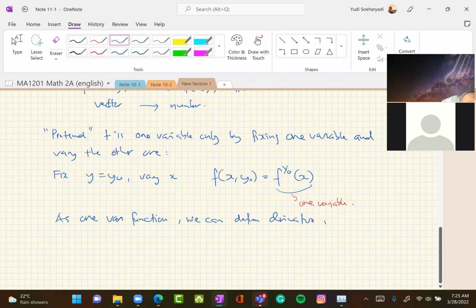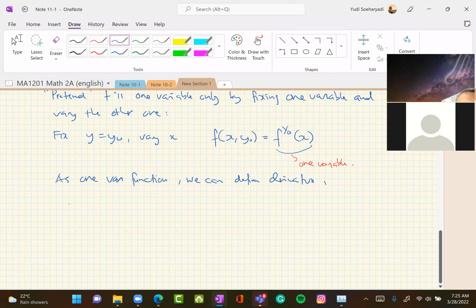So what's the derivative? Because this is just a function of the variable x, we can take the derivative d/dx of it.